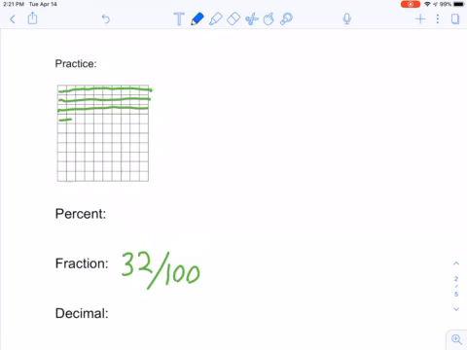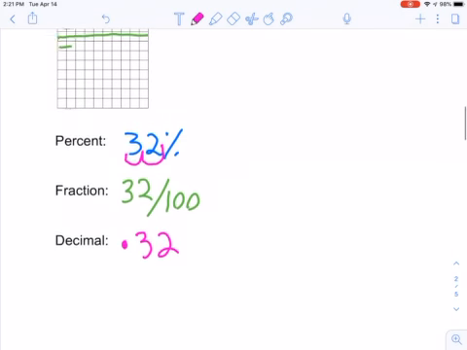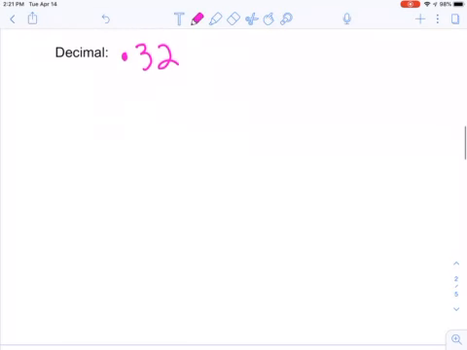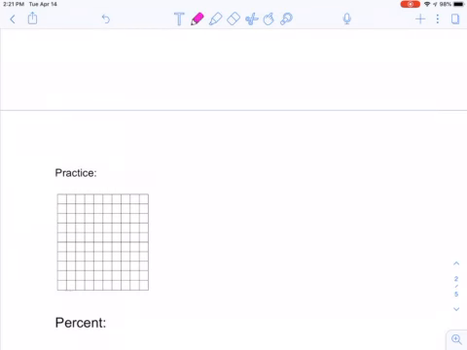Well, a percent's a fraction out of 100, so we have 32% on that test. And for that decimal, yes, so what we do is we take it 1, 2, move it over, and we have 0.32. Okay, excellent work.